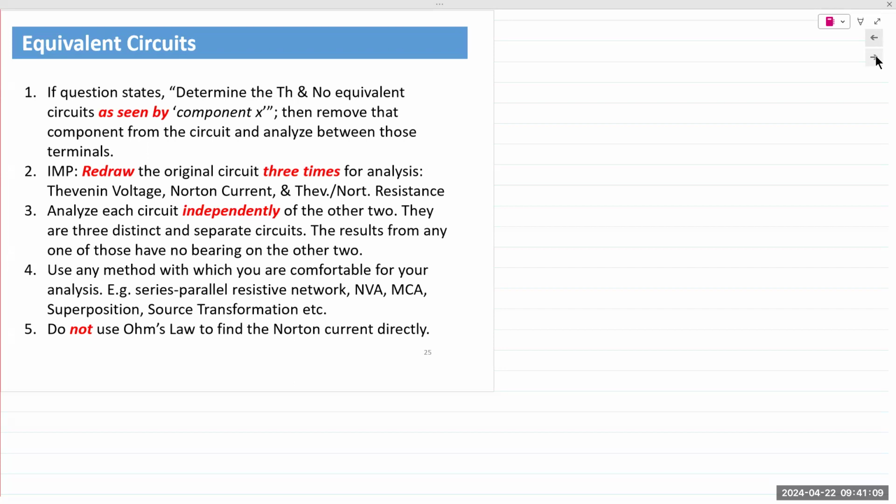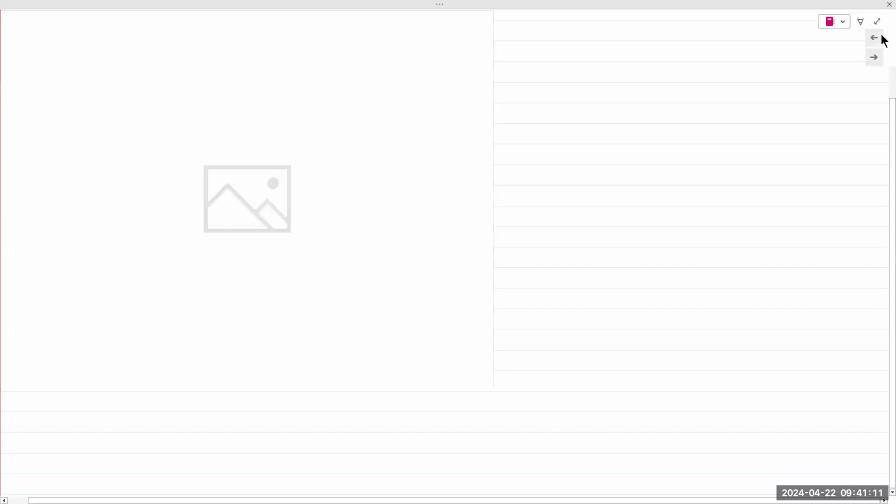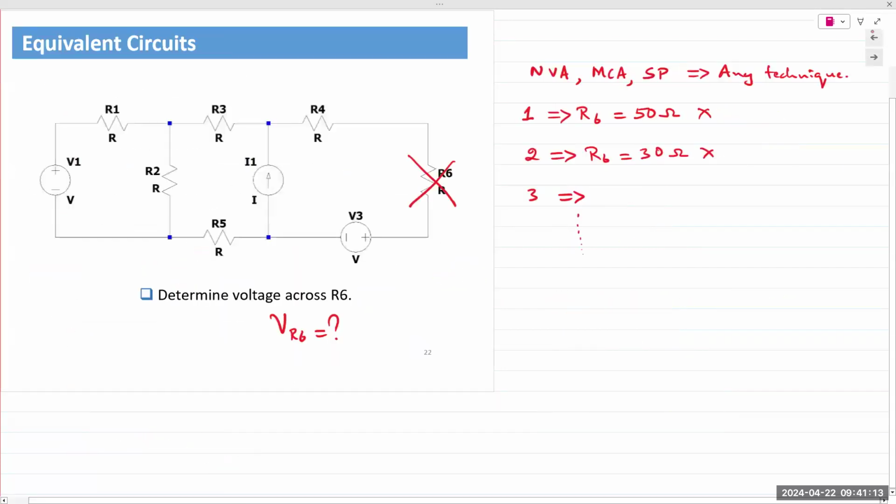Remember the example that I began with, right? I said we wish to find the value for R6. Then we analyze the entire circuit by removing R6, and we find all the quantities of interest between the open terminals where R6 was connected.